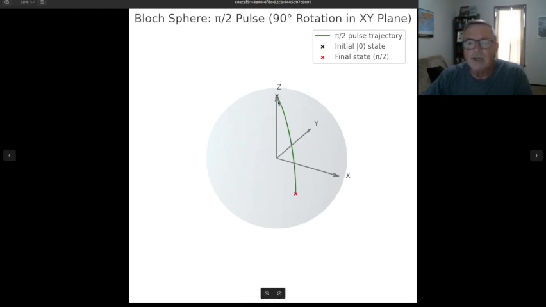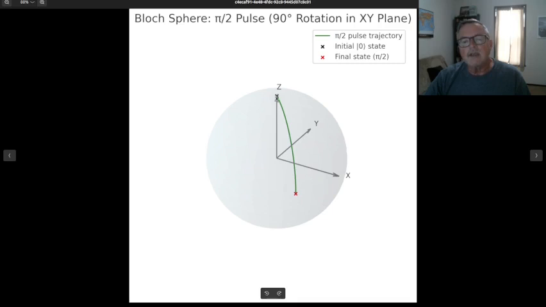Now what we're doing is we're applying a pulse, a very short pulse, with a prescribed intensity. The intensity will show the speed at which this thing moves. Higher intensity, it moves faster. The duration tells us how far it's going to move.